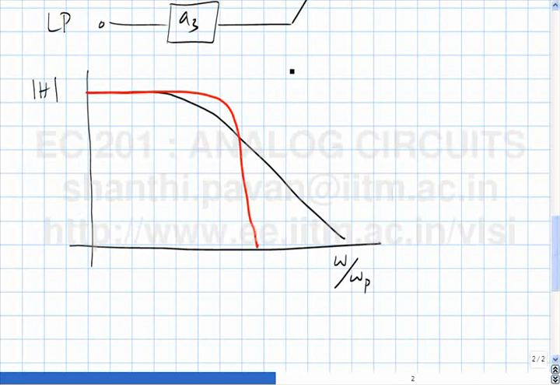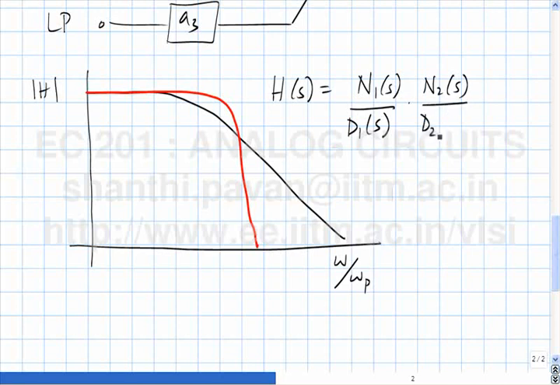Any higher order transfer function H(s) can be broken up into a product of second order sections, and if you have odd order you have a first order section, and so on.